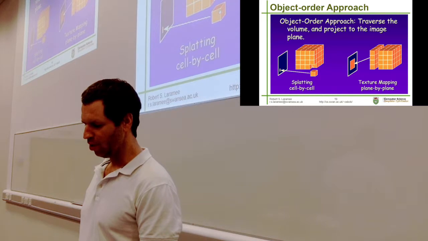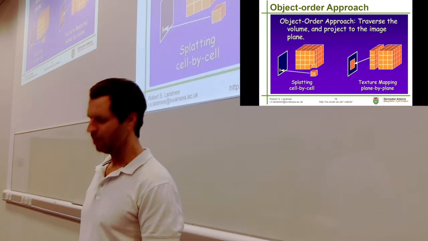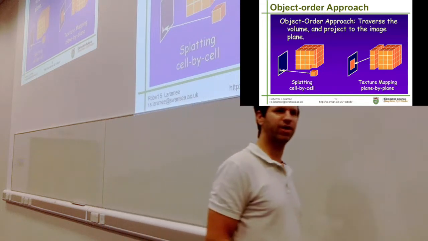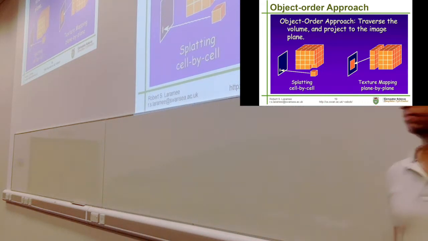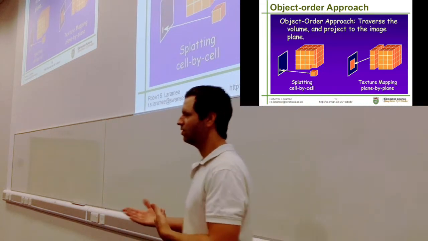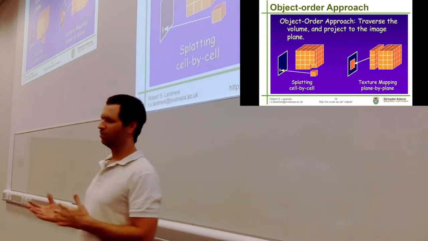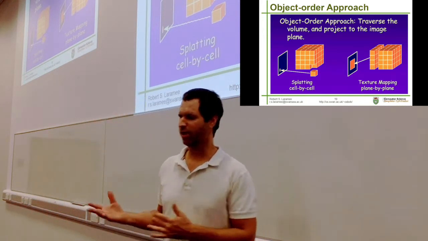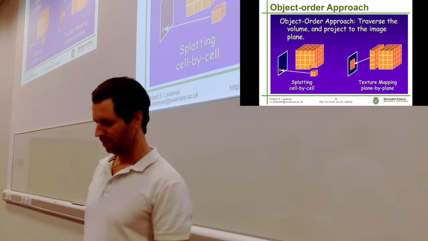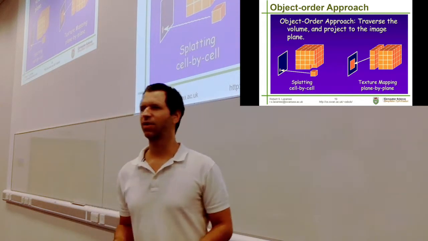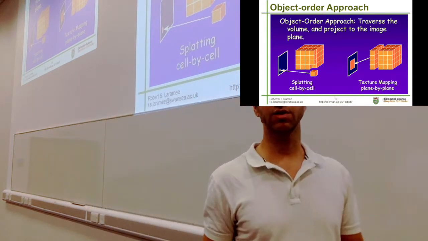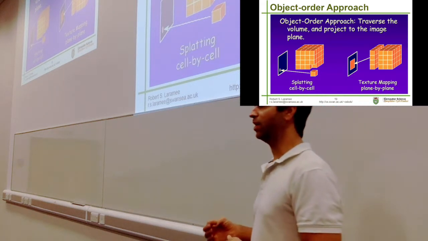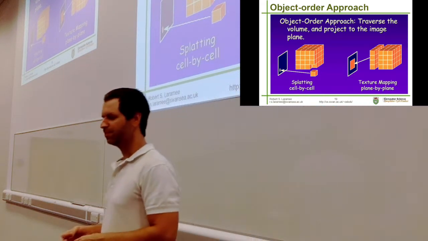For example, what influence does this data have on the color and opacity of the corresponding pixels in the image plane? So it's almost like the inverse. One's from left to right and one's from right to left. Or it's better to say one's from image space to object space and the other one is from object space to image space.